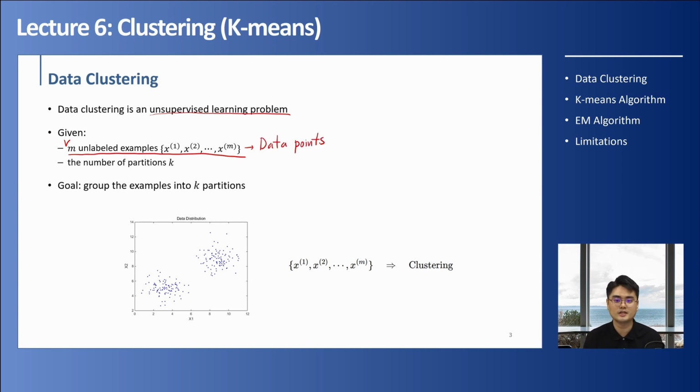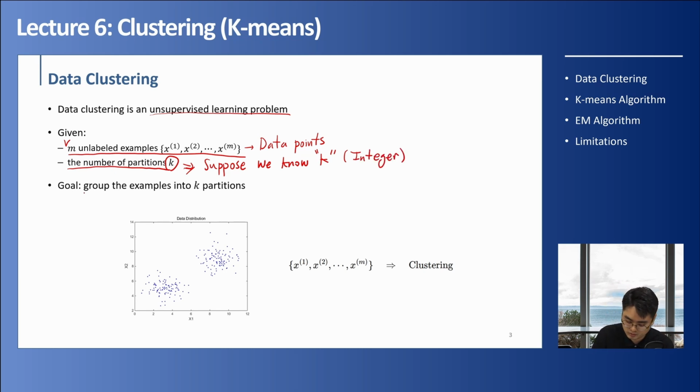Also, what we need to assume is given is the number of partitions or clusters, k. We're going to suppose we know the number of clusters or groups inside our data set. And this k will be an integer. Our goal in this data clustering problem is to group the examples into k partitions.